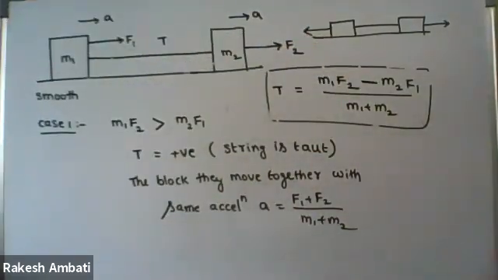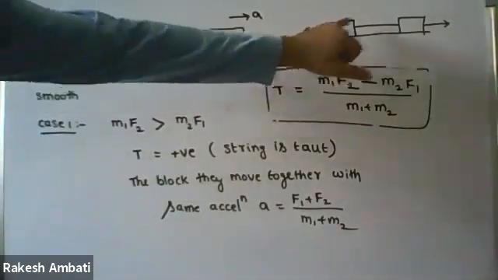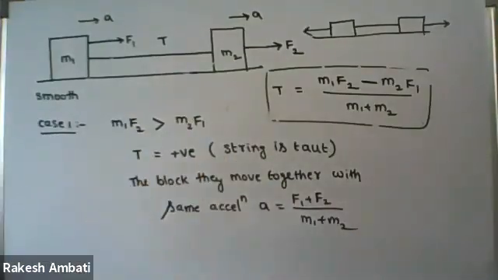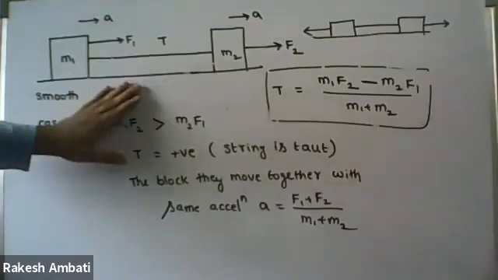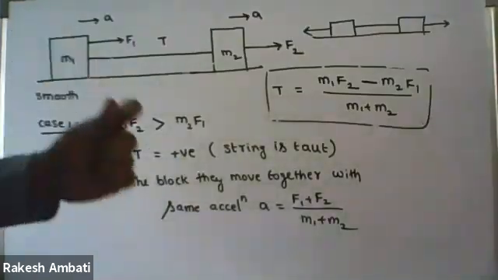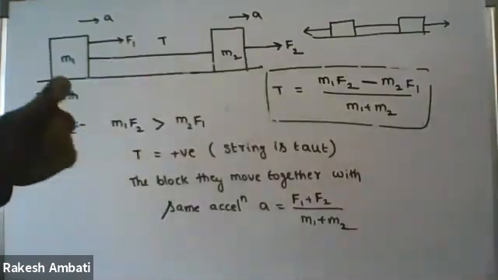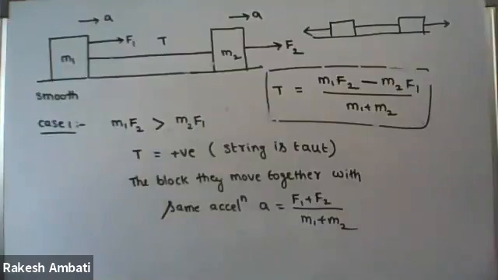No, sir, because it is known that the string is taut. Definitely, because of the applied forces, the string becomes taut, so it's not necessary in the previous questions. But in this question, compulsorily we have to find the conditions in which the string becomes taut and the conditions when the string becomes slackened. Those conditions we have to write.